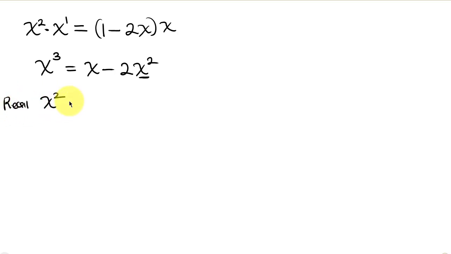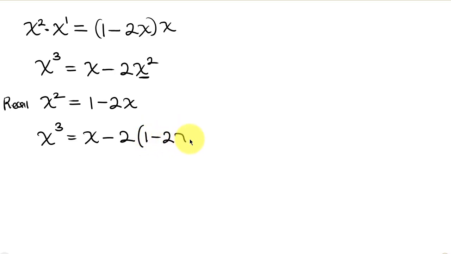Recall that our recursive x from our previous slide is equal to 1 minus 2x. Now let's put that here. So we have x cubed to be equal to x minus 2 times x squared. So in place of x squared, I'll be putting our recursive x, which is 1 minus 2x.